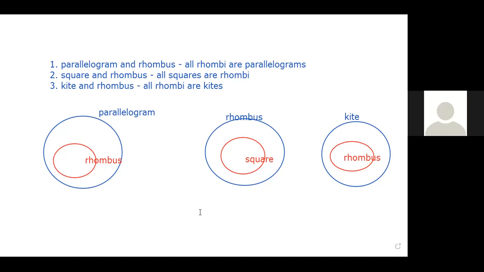Now, can you annotate and show how rectangle and rhombus are related? Can one of you do that? Draw a similar picture. Can one of you annotate and draw it?